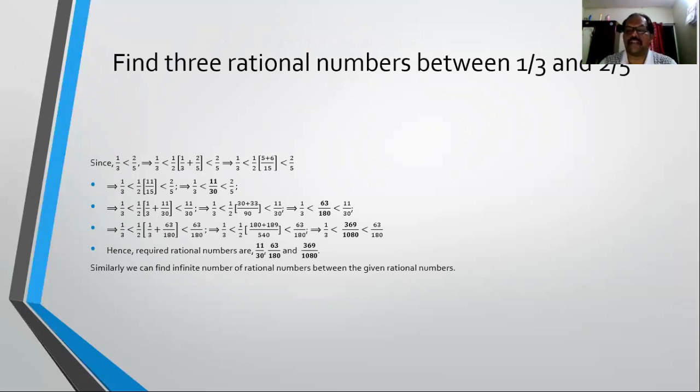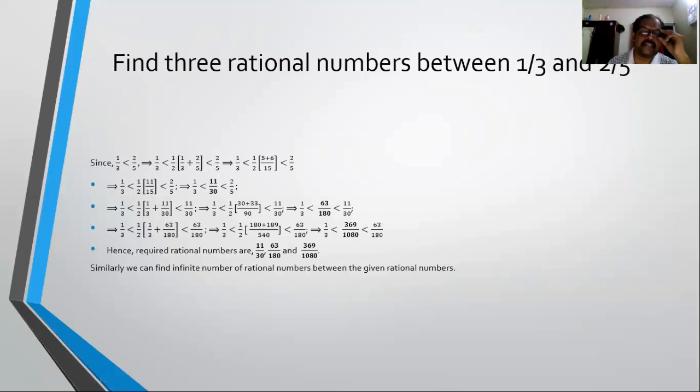Half of x plus y. So x is 1 by 3 and y is 2 by 5. Just taking half of the sum of these two will give us the first number between 1 by 3 and 2 by 5. So if you see here, we come to know that 11 by 30 is the first rational number between 1 by 3 and 2 by 5.